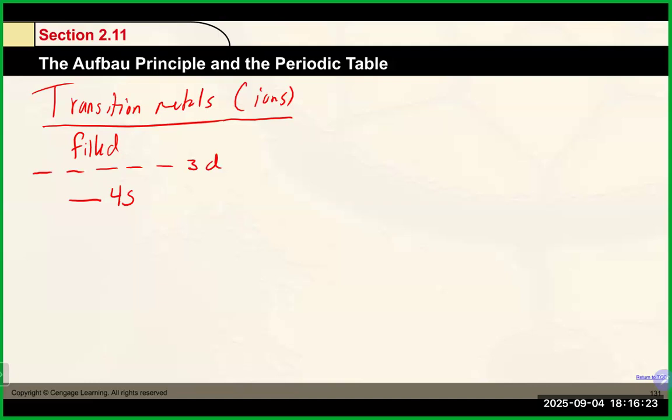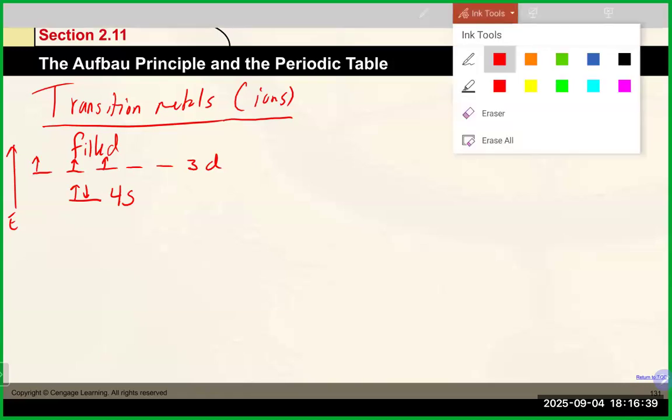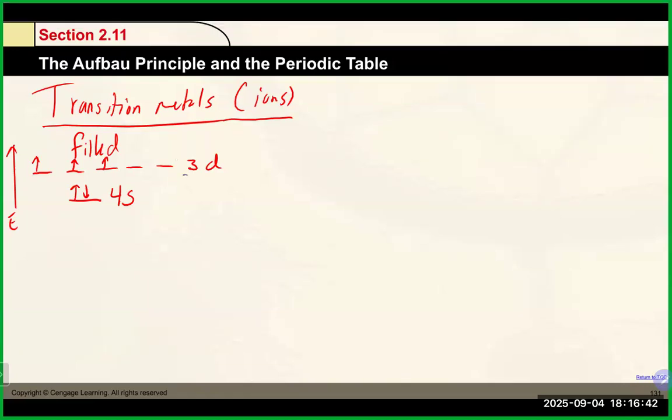And that means that when those electrons come in, they will fill as we normally do our 4s first, and then obviously they will start filling the d orbitals. Now, what actually happens once you start putting some electrons into those d orbitals is you actually get a switch in the energy of these orbitals. And what ends up happening is the 4s orbital actually ends up being higher in energy than the 3d orbital or orbitals.